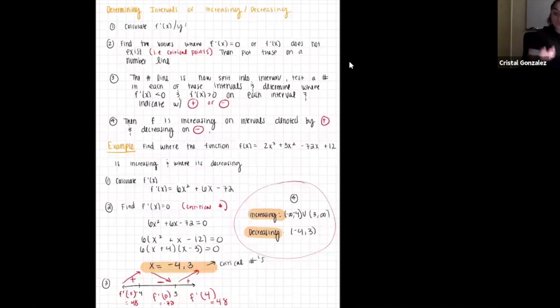And the one thing you did learn is that you need to test the points. And the one thing that you should take away from this is that when you test points, you always test on your derivative, because testing on the derivative tells you if it's increasing or decreasing and if it's positive or negative. So at the end of the day, you care about the sign on that value. Is it positive or is it negative?